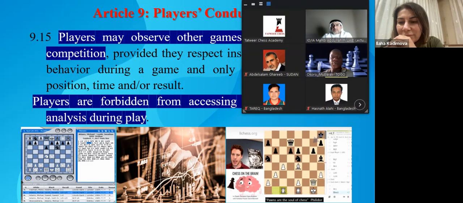So if, for example, a player wants to use one computer for playing the game, and the other computer for his Zoom, is it possible to be accepted?